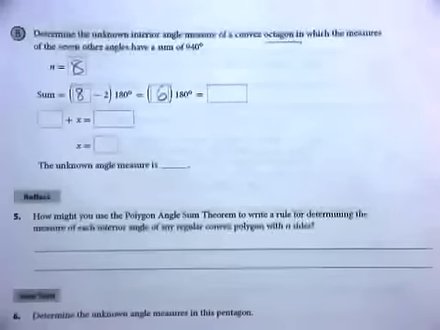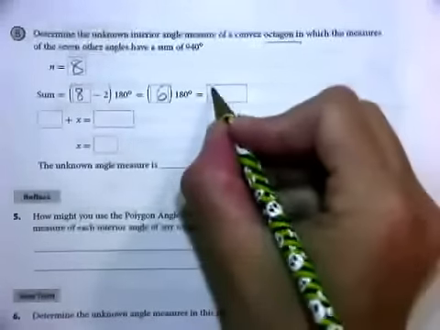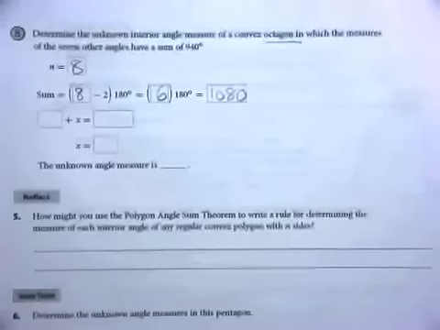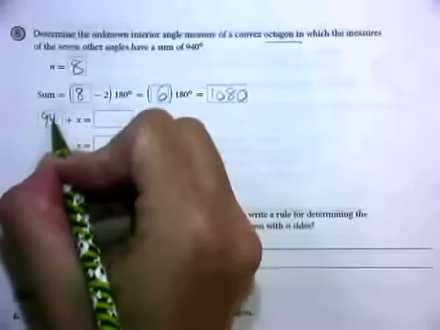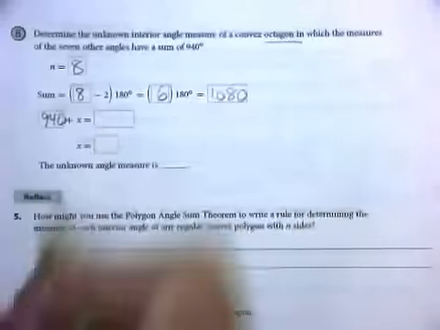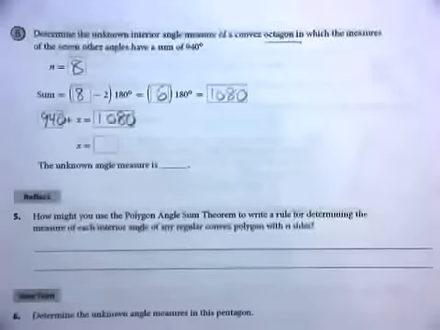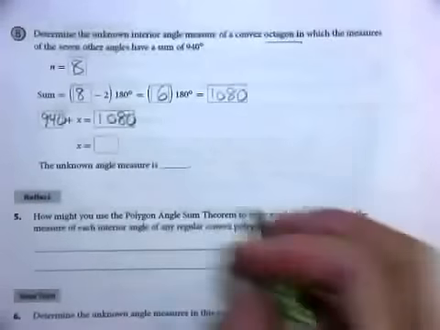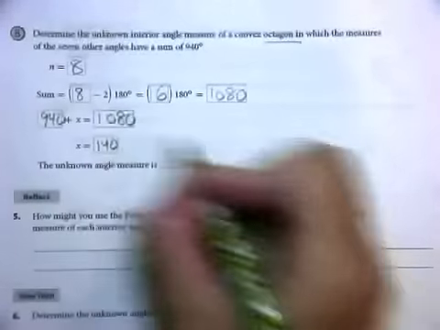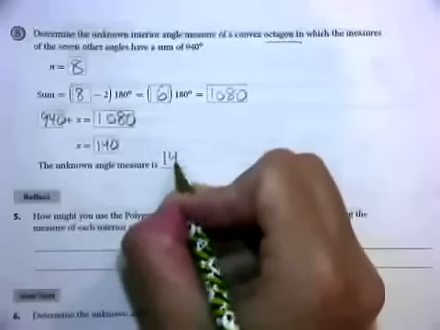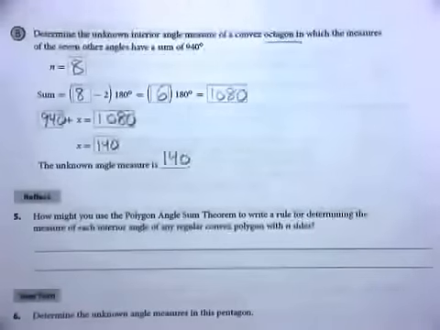That's 6 times 180, which is 1080. So I know that 940 plus x is going to equal 1080. And when I subtract that 940, I get that my missing angle is 140. So the unknown angle measure is 140.